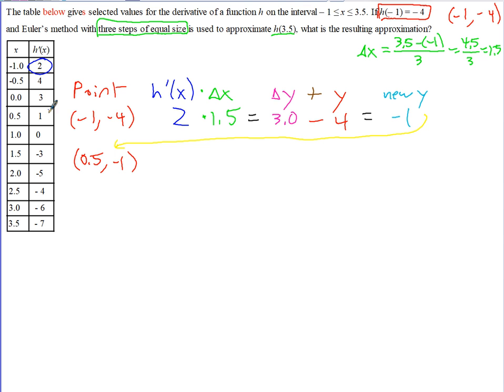So at 0.5, you can see the derivative is 1 times 1.5 gives you a change in the y-coordinate of 1.5 this time. Plus the original y-coordinate was -1. Gives us a new y-coordinate, 1.5 minus 1 is 0.5.